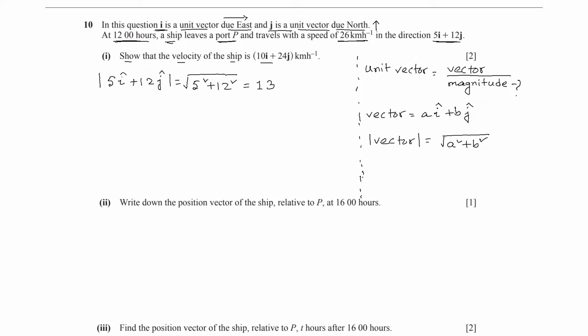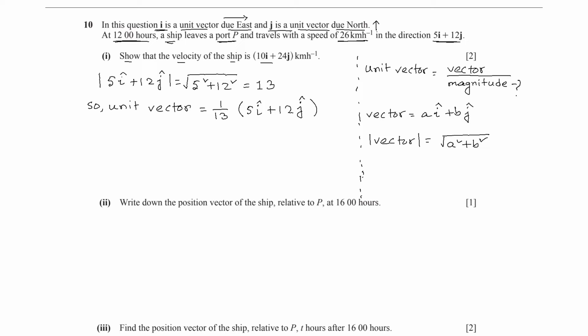So now the unit vector in the direction of 5i plus 12j is equal to 1 over 13 times 5i plus 12j. So we got the unit vector.